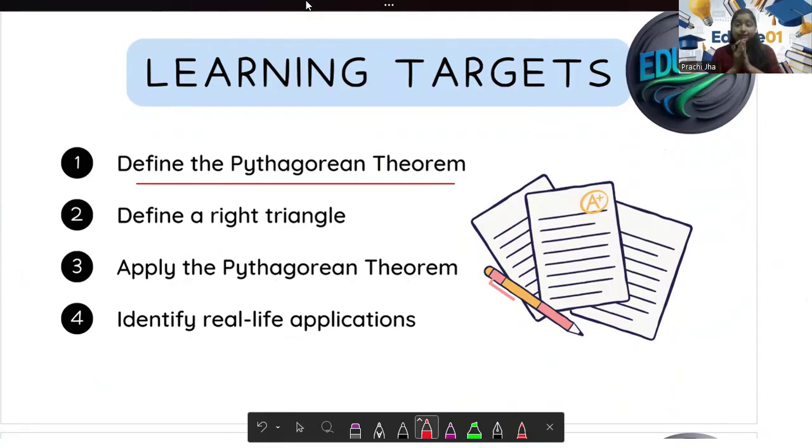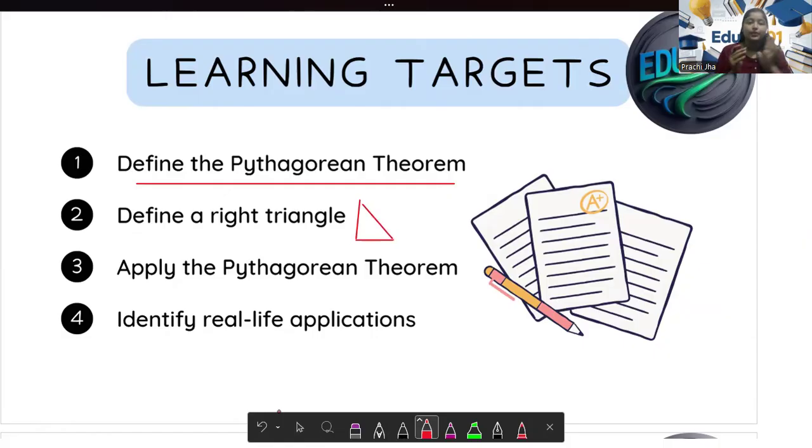Because a right angle is the main thing on which the whole Pythagoras theorem revolves around. So, it's very important to learn everything about right angle triangles. We are going to do that as well. Let's see. Yes, here it is. Our not so good, but yeah, right angle triangle, right?